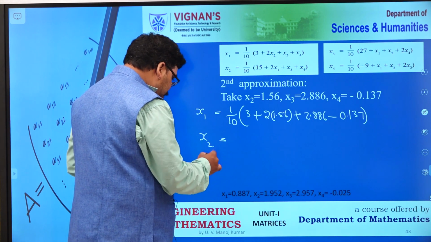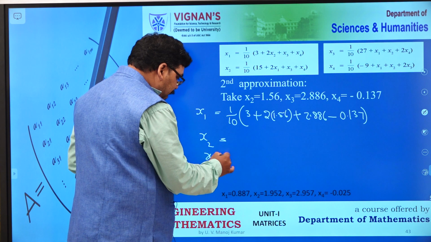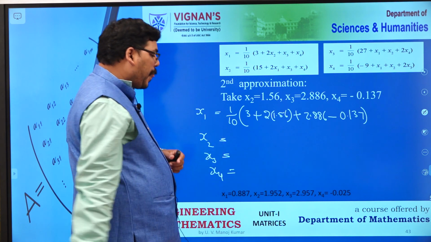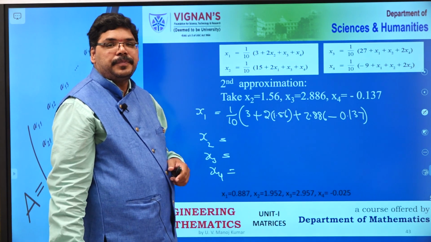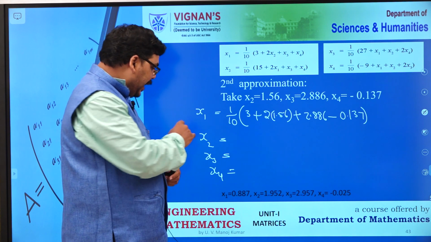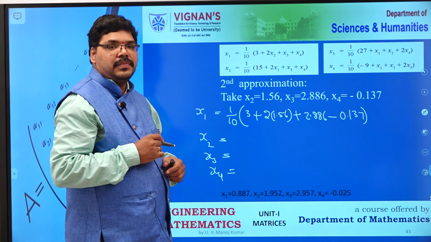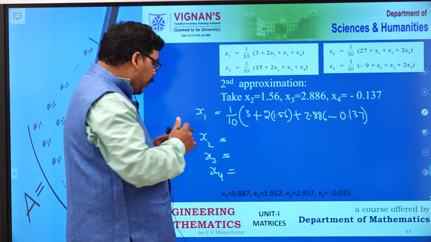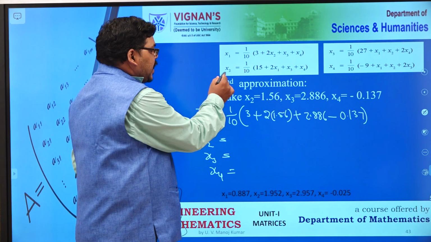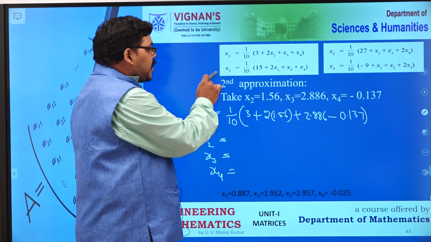Similarly, x2, x3, x4. Now, without the knowledge of this x1, can I calculate x2? No. If I want to calculate x2 here in the second approximation, see this expression?